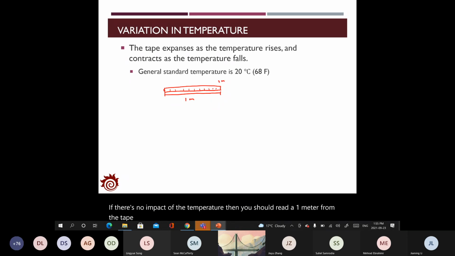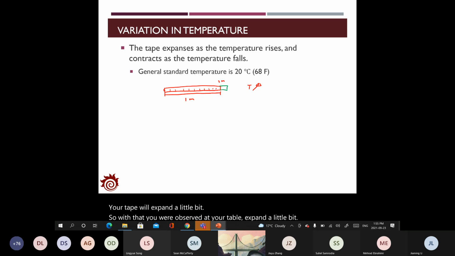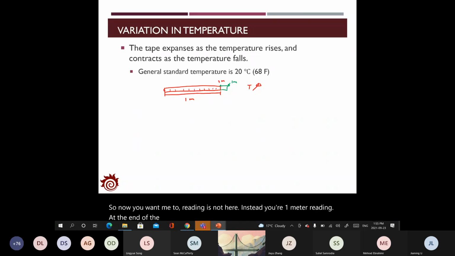But if the temperature increases, your tape will expand a little bit. So now your 1 meter reading is not here. Instead, your 1 meter reading is at the expanded location. So what you will observe is something smaller, maybe around 0.99 meters. So you will have a smaller reading when the temperature increases.